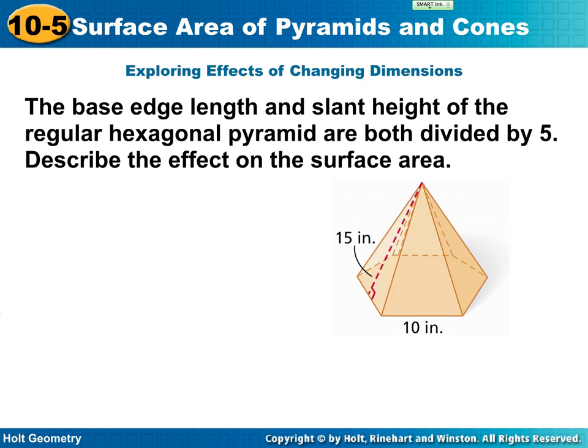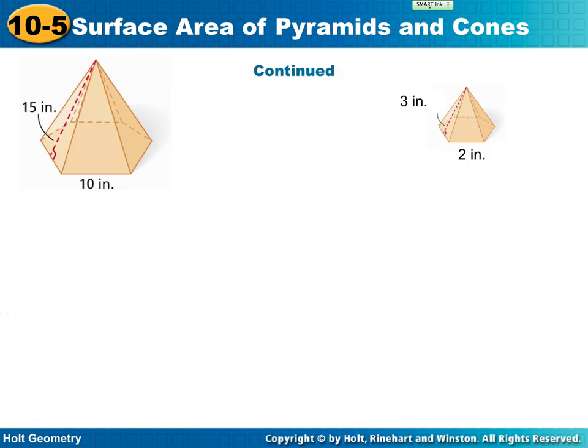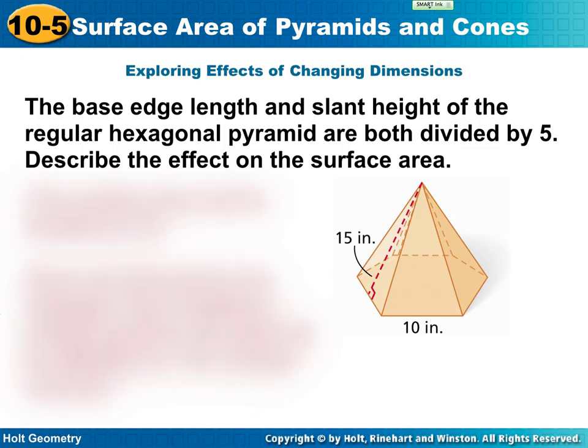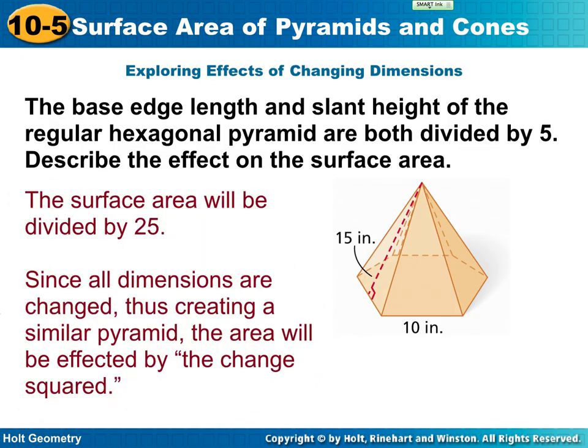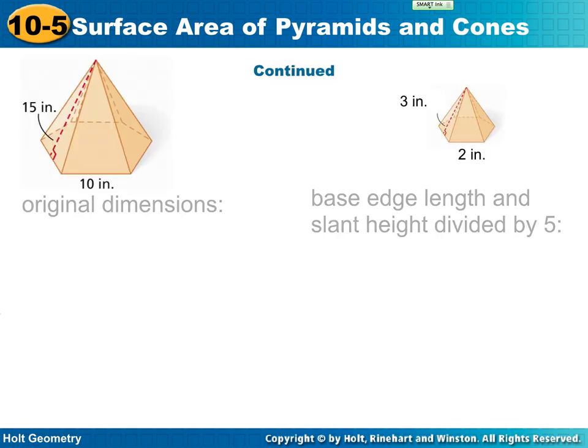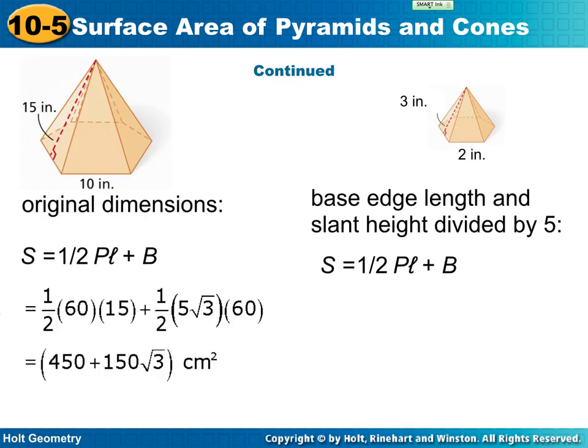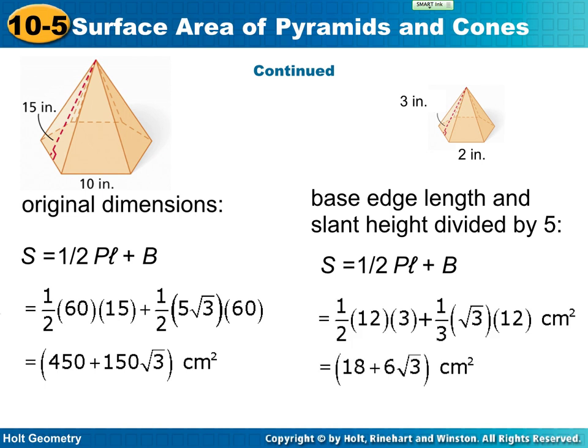Okay, some of you are getting the idea. When you're doing areas, it's the square of whatever you do to all the sides. You have to just make sure it's doing all the sides. So yes, it would be divided by 25 because you're making a similar pyramid. Okay, and I had this calculated just in case we needed it, but it didn't sound like we did.